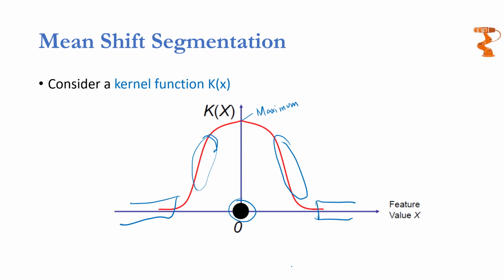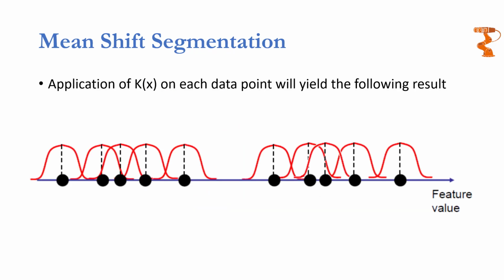So how can we use this kernel function to get our continuous function? It's very simple. Simply apply this kernel function onto each data point. What is happening over here now? The application of the kernel function onto this data point is showing that this point will have the maximum probability of lying over here, whereas it may lie somewhere over here, over here, over here, or over here.